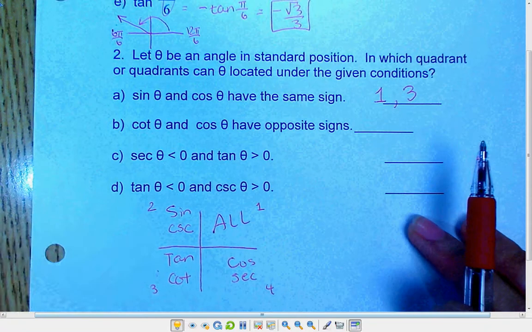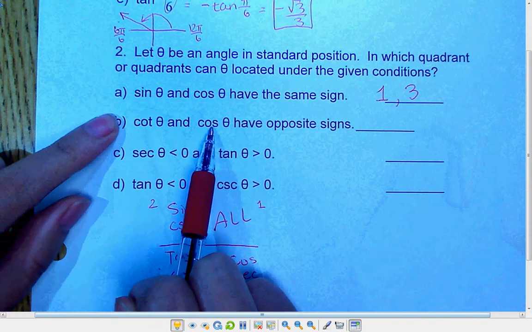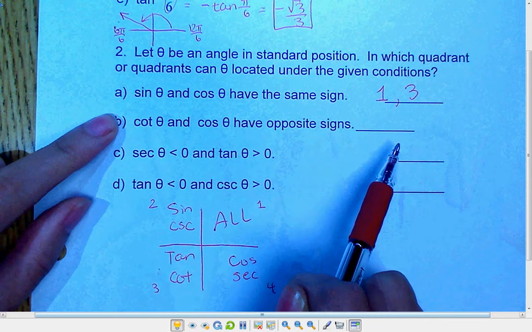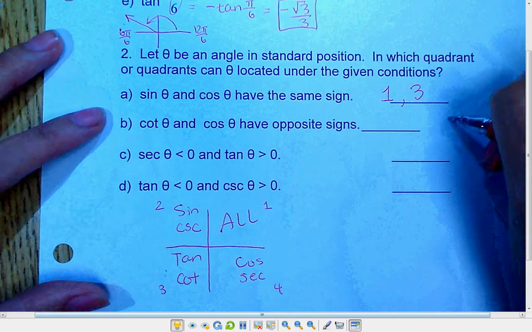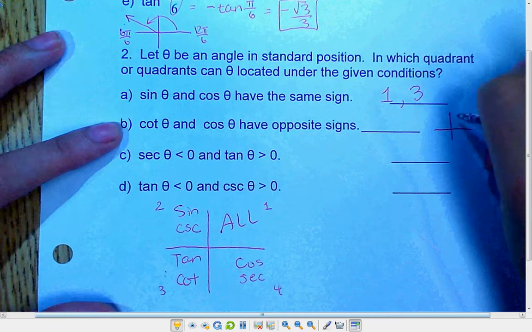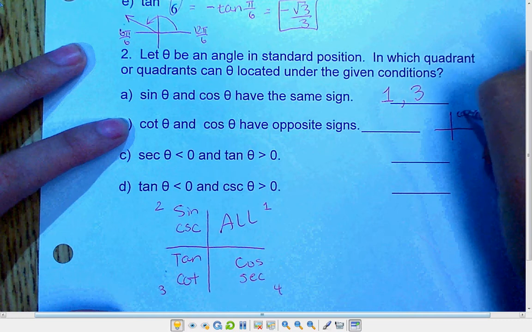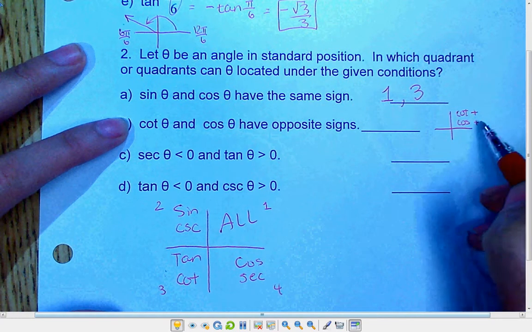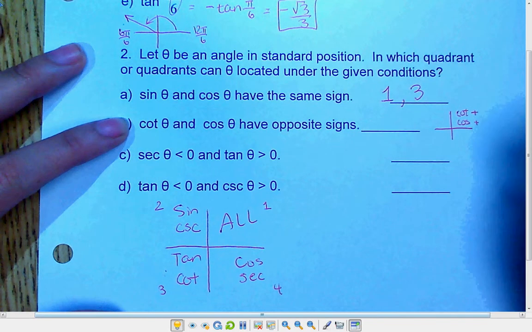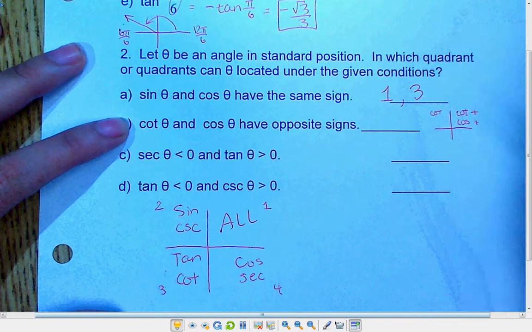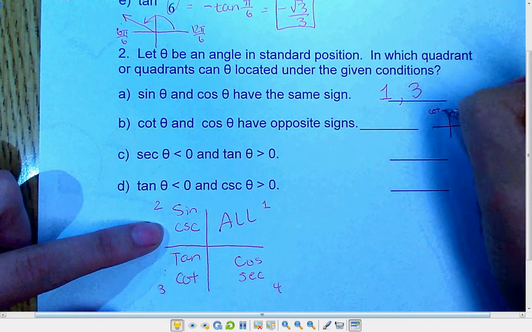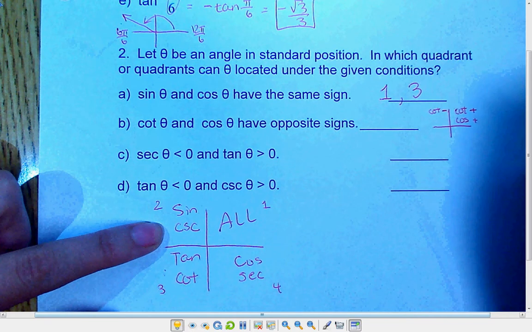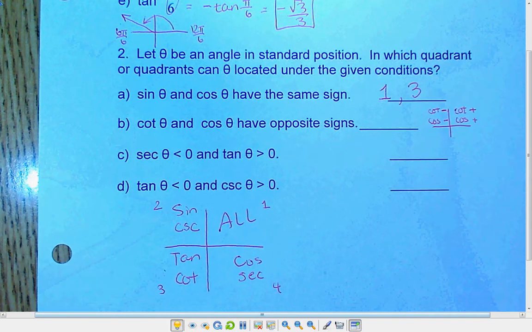For part B, now we're looking for when cotangent and cosine have opposite signs. So for this one, I'm actually going to draw a little picture here. So in the first quadrant, cotangent is positive and cosine is positive because they're both positive. So they don't have opposite signs. In the second quadrant, cotangent is negative because it's not here. And cosine is also negative because it's also not here.